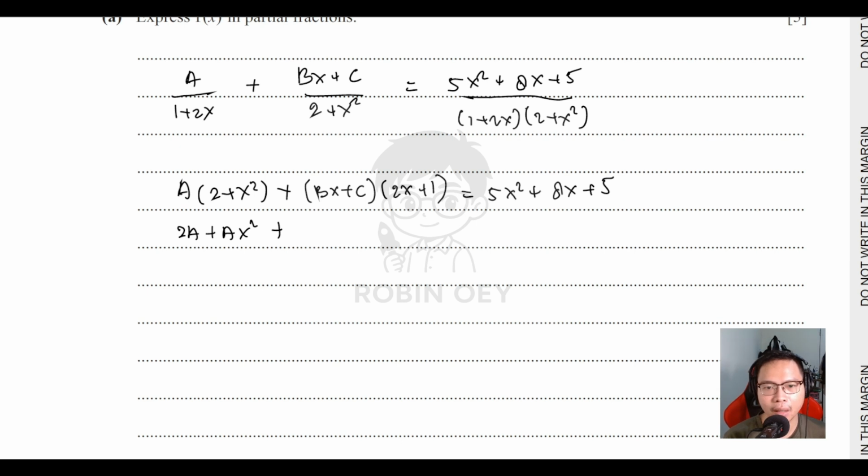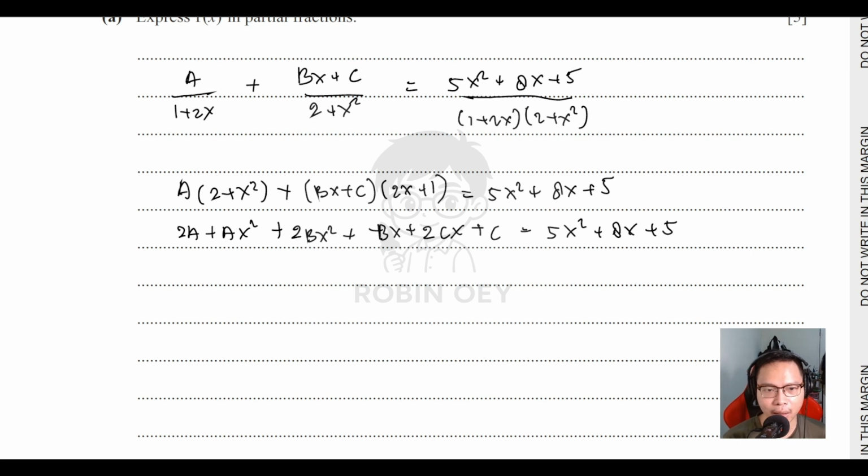So if you are more comfortable to make the bracket 0, then go for it. And then we have 2bx squared plus bx plus 2cx plus c. Okay, let me check again: 2bx squared plus bx plus 2cx plus c. Okay, 2a plus ax squared equals 5x squared plus 8x plus 5.